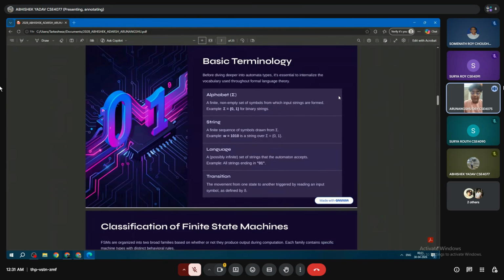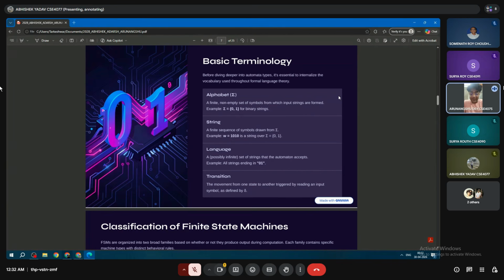Okay, so here is the basic terminology. Before diving deeper into automata types, it's essential to internalize the vocabulary used throughout formal language theory. First, alphabet: a finite non-empty set of symbols from which input strings are formed.